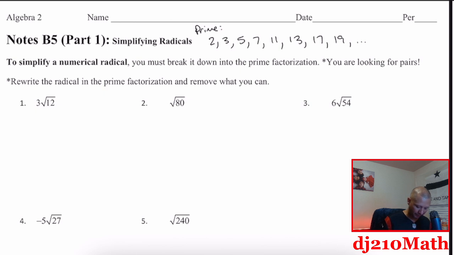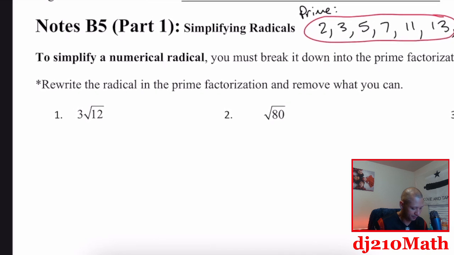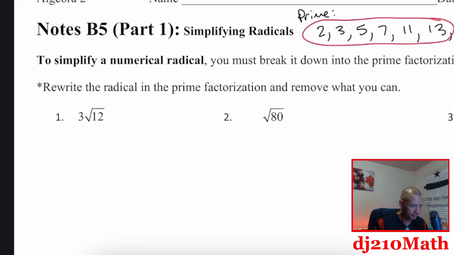But typically, we hang out in this section right here: 2, 3, 5, 7, 11, and 13. 13's pushing it, but for sure 2, 3, 5, 7. Maybe 11, but 2, 3, 5, 7 for sure. Okay, so keeping that list in mind, I'll leave it at the top.